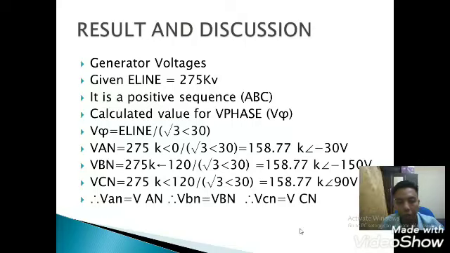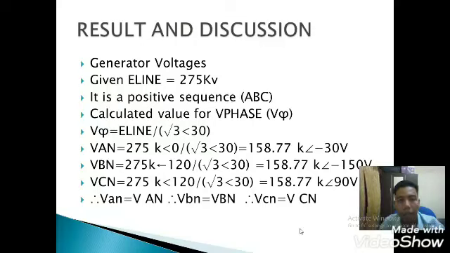For VBN is equal to 275 kilo at angle negative 120 divided by root 3 at angle 30, which is equal to 158.77 kilovolt at angle negative 150 volt.